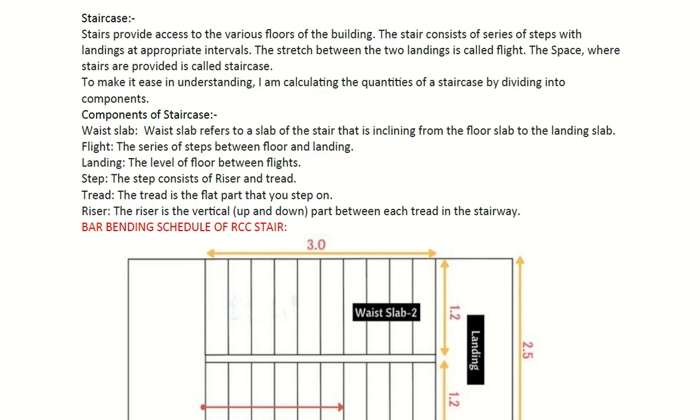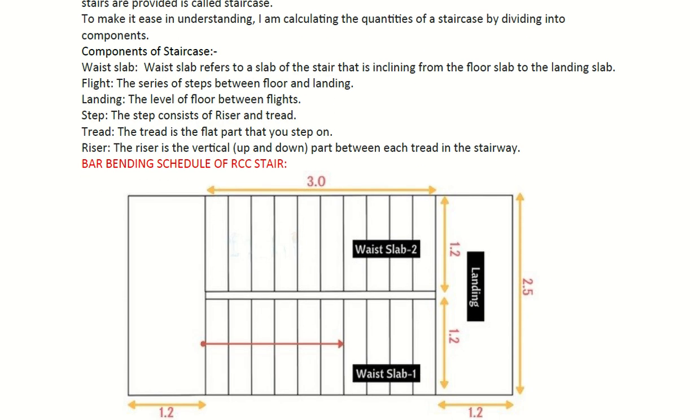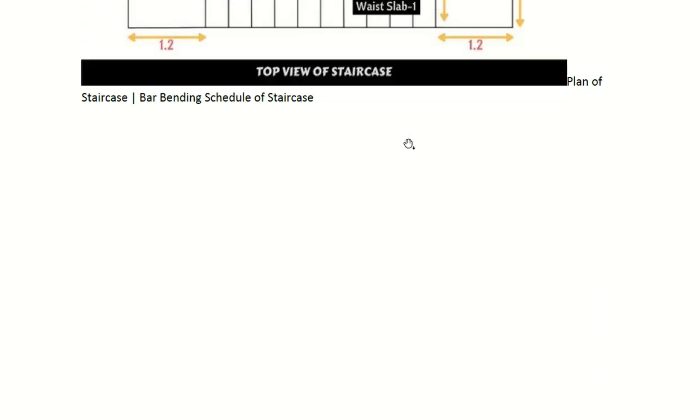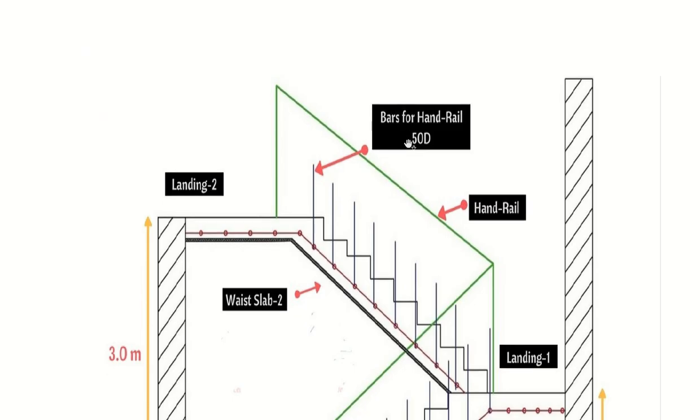So we have the waist slab, the landing slab, and the steps, and the series of steps is called flight. Each step consists of a horizontal part, the tread, and a vertical part, the riser. You can see all of them mentioned here. I'll upload it.